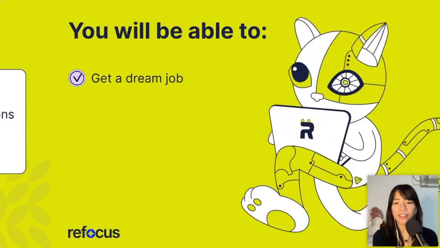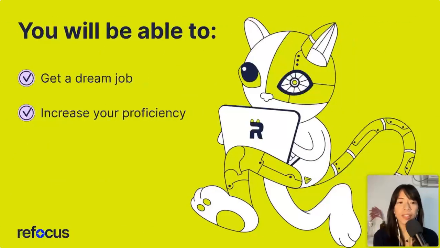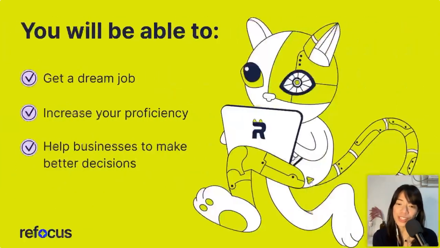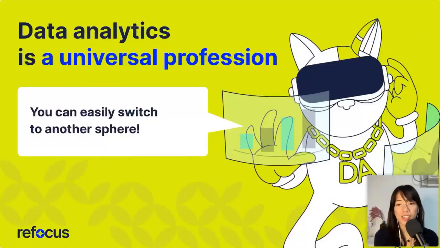Andrea and Arvin. All right, so you will be able to, first of all, get your dream job, increase your proficiency in this field, and help businesses make better decisions. What's great about data analytics is that it is a universal profession. So what Casey said earlier, there are so many areas where you can go from here, okay?